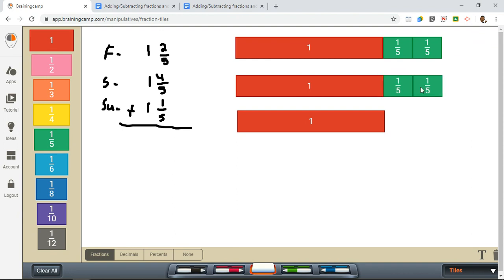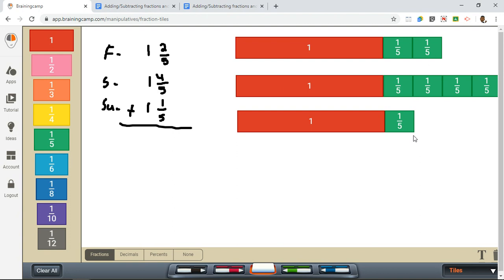Link those with that. 1, 2, 3, 4. And then here is another 5th. So that one I think went over there. So let's just bring one there. There we go. All right. So we have 3 wholes here, 2/5 along with that, 4/5 with this whole, and 1/5.